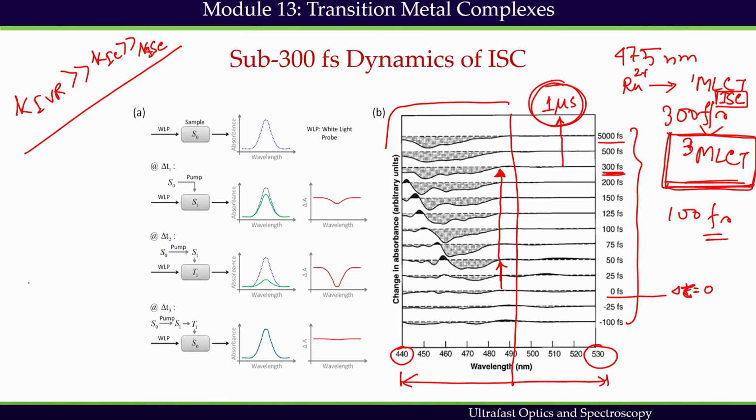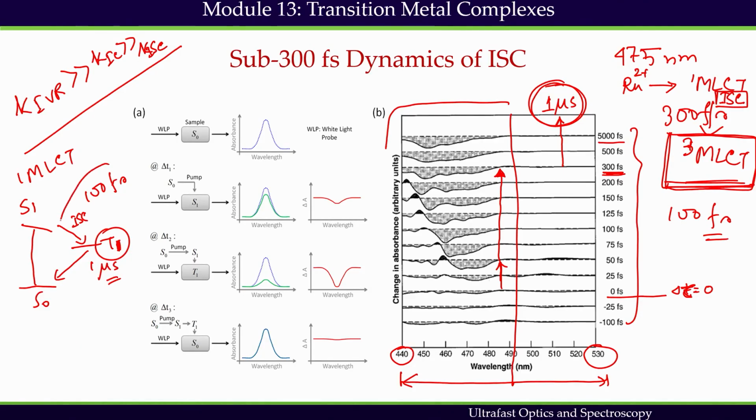What does it mean? For this complex, after we excite to the S1 excited state, which is nothing but one metal to ligand charge transfer state, it comes back through ISC to the T1 state in 100 femtosecond. But this T1 state, that triplet state, does not decay to the S0 state because the lifetime of the T1 state is found to be 1 microsecond, which is following traditional photochemistry, but the S1 to T1 time scale does not follow traditional photochemistry.